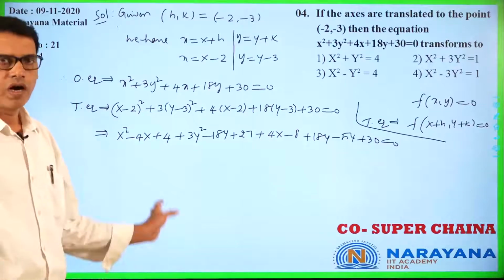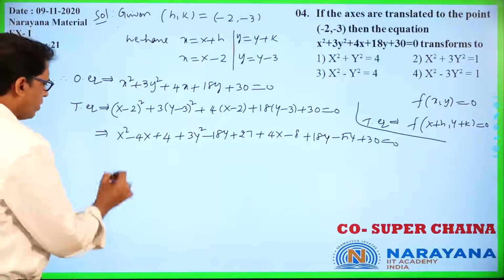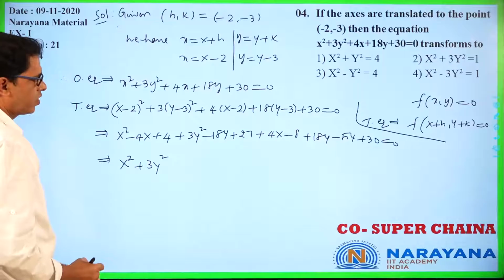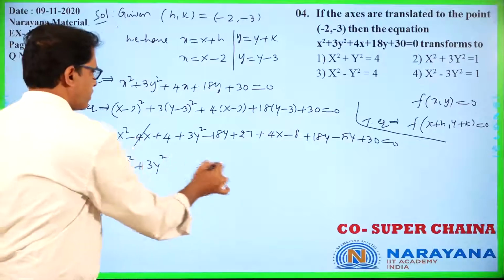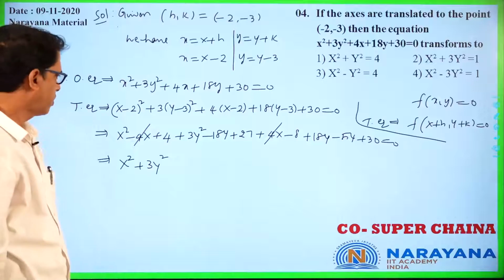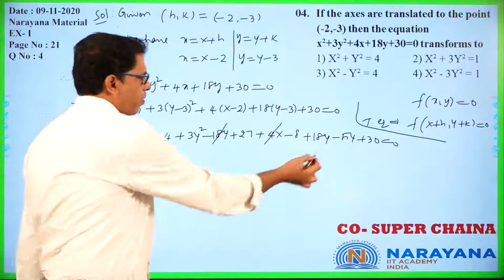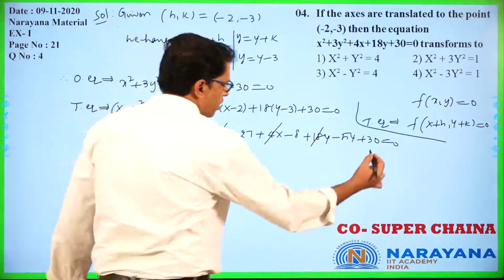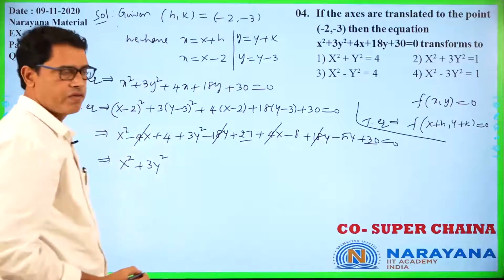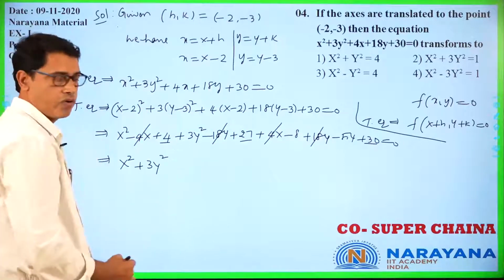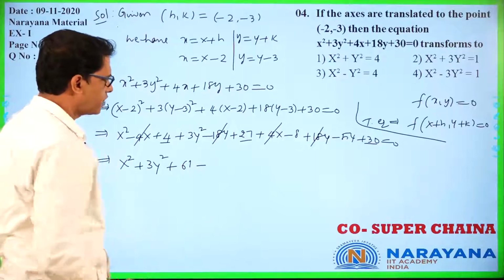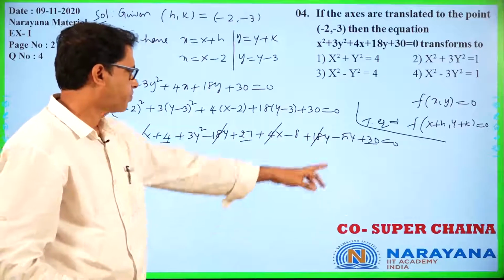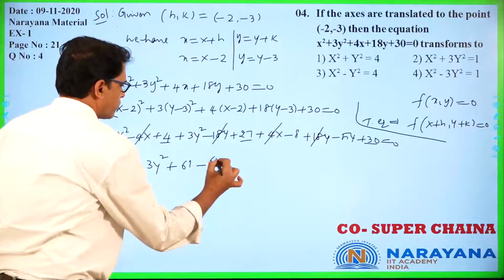Now arrange in proper order: first the x square term, then the y square term, then the x term, minus 4x plus 4x cancel out, then the y term, minus 18y plus 18y cancel out, then the constants: 30, 27, 57, plus 4, so 61, and minus 54 minus 8, minus 62 equals 0.